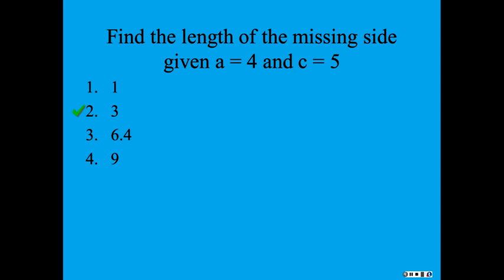What's 5 squared? Now, to find B, I have to do the opposite to solve this equation. The opposite of adding 16 is to subtract 16. When I subtract 16, what do I get? 9. What's the square root of 9? So that's why it's 3.